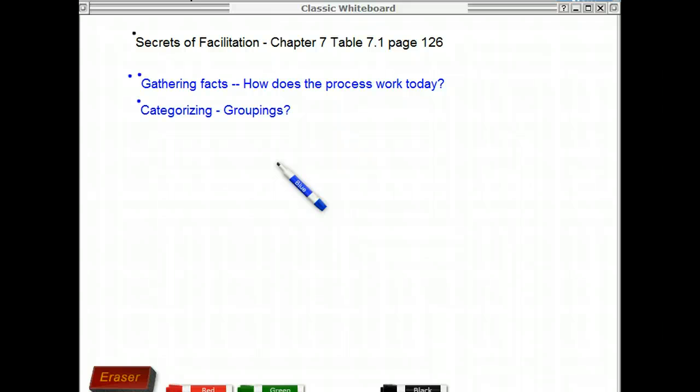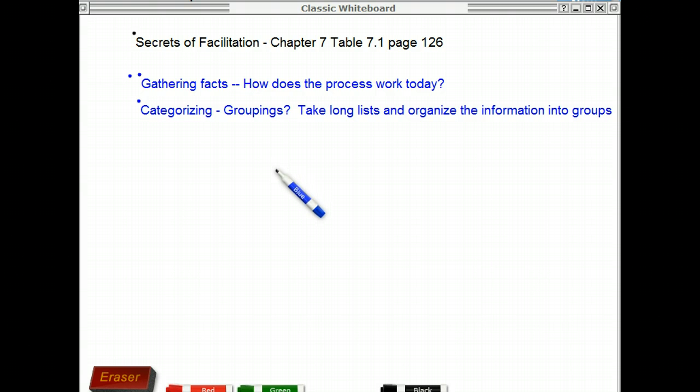You would utilize categorizing as a way of grouping the information so that you could then provide focused conversation and focused facilitation around each individual group, or perhaps begin assigning processing groups within the facilitated session to go after each one of the groups that you've identified. This can be a challenging process, but it's very useful for the business analyst.